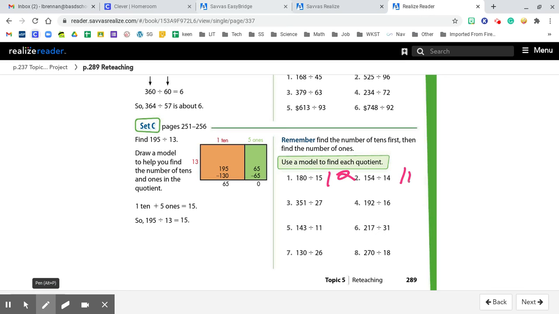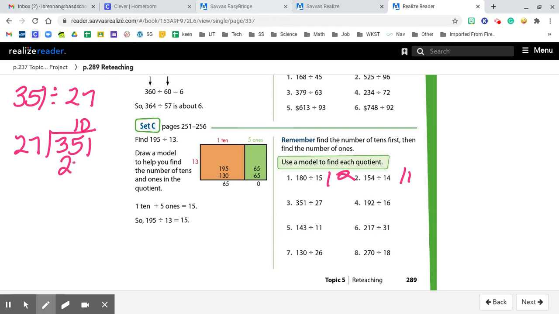For number 3, I have 351 divided by 27. Do 10. 27 times 10 is 270. And I could take 27 out, let's see, one time.